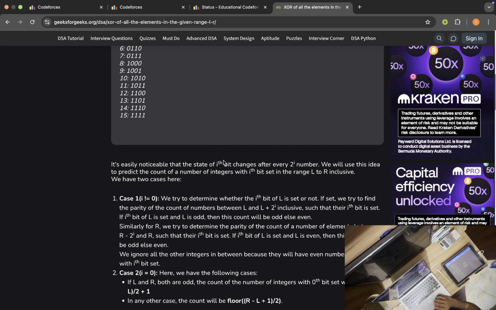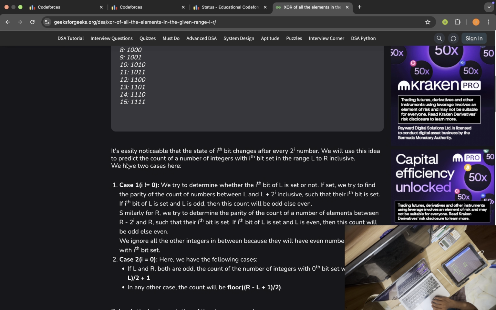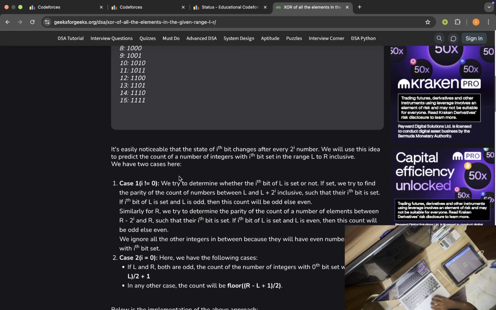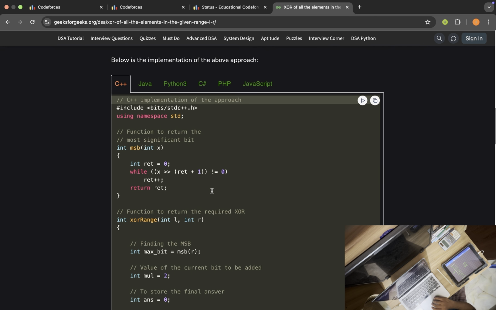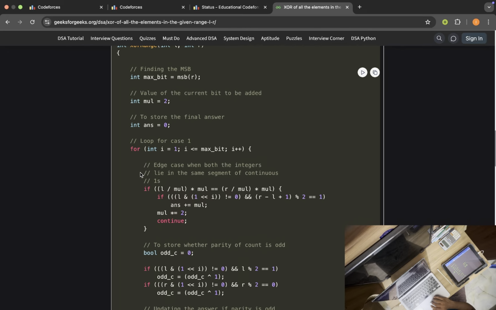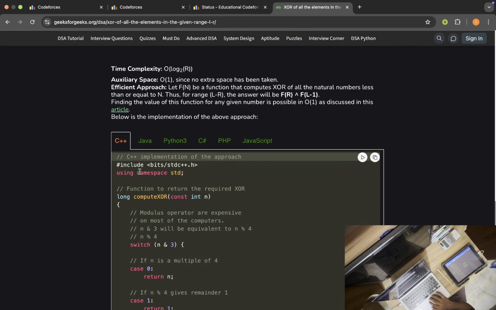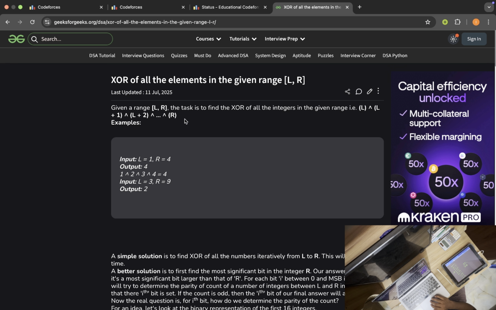It's easy to notice that the i-th bit repeats after every 2 to the power i numbers. We will use this idea, the bit pattern, to predict the count of the number of integers with the i-th bit set in the range L R. We try to determine all the integers in the given range L to R.